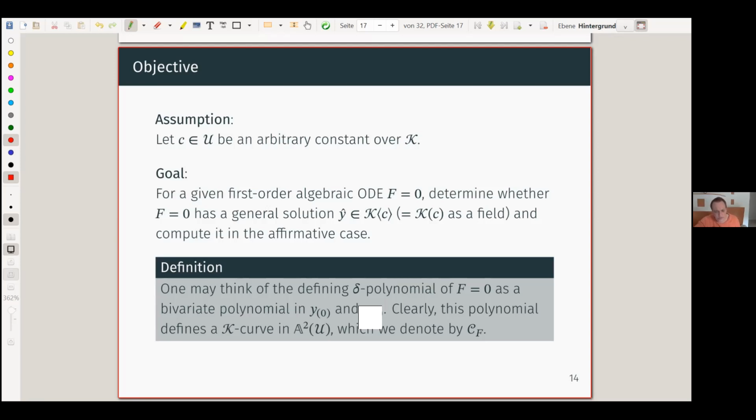You just view it as a bivariate polynomial in two variables over the field K. And this will give you actually a K curve in the affine plane over U. And we'll denote this by CF. And we'll see that actually we can get a general solution of this differential equation by a special generic point of this curve CF.